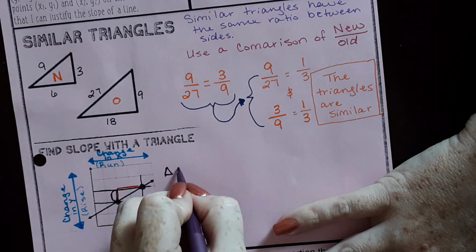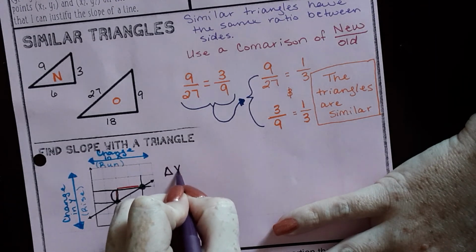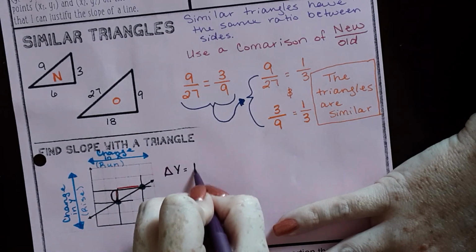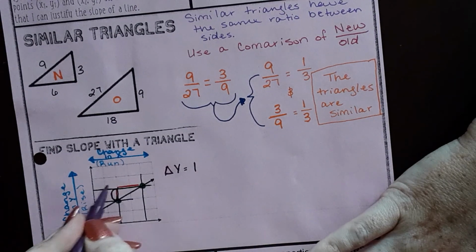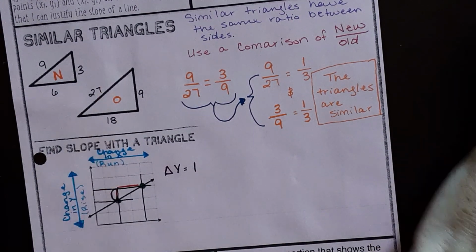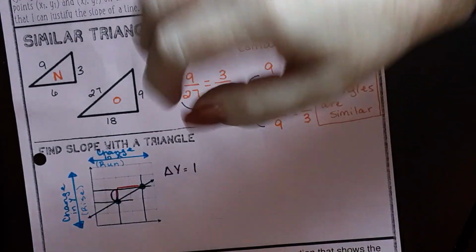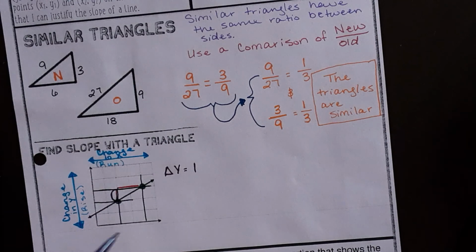Again, delta means change in, it's a Greek symbol. Our change in Y is one value. We moved upwards, which gives us a positive value. If we were to move down to get to the point, it would be negative.